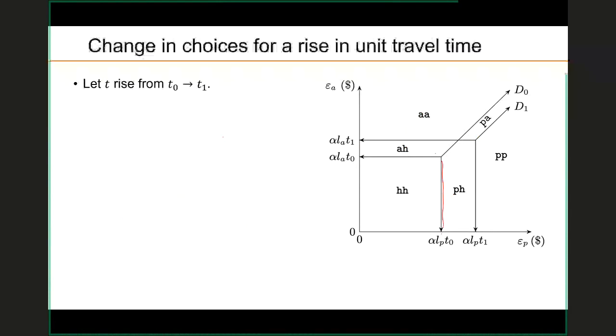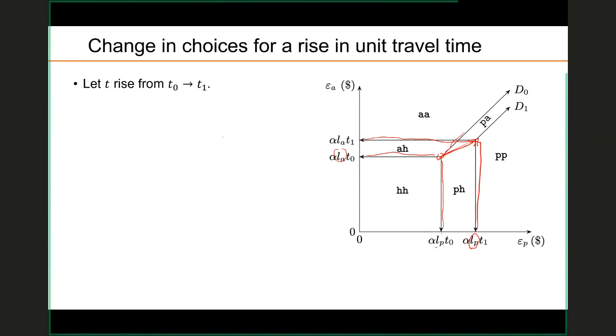This is the original mode split, and this is the one with T1, which is higher. Because LP is bigger than LA, this point is going to move like that. If you drew a line with a slope of 1 there, it will move below that line, northeast.